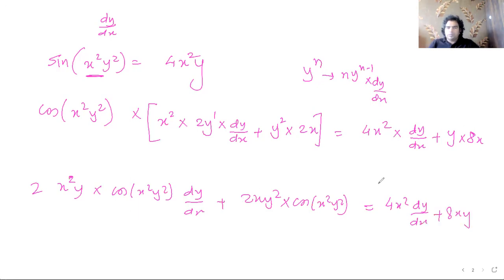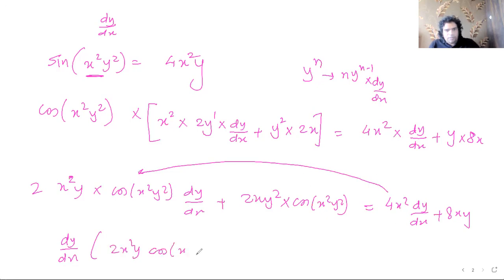Now after this, what will be the next step is to collect the dy by dx terms together. So when you collect the dy by dx terms together, what we get is dy by dx will be taken common, and here you have 2x squared y cos of x squared y squared minus 4x squared equals to 8xy minus 2xy squared cos of x squared y squared.